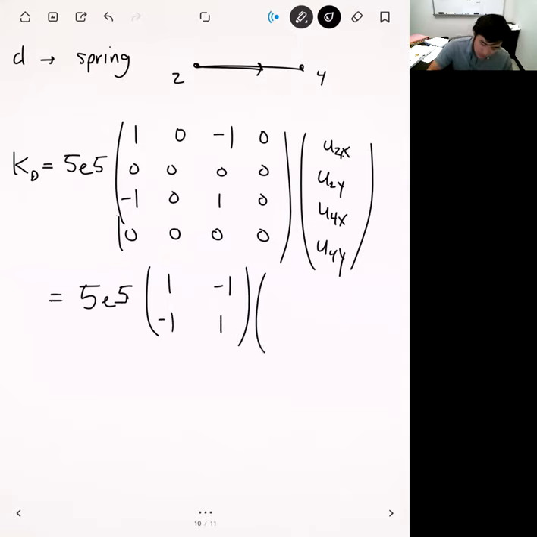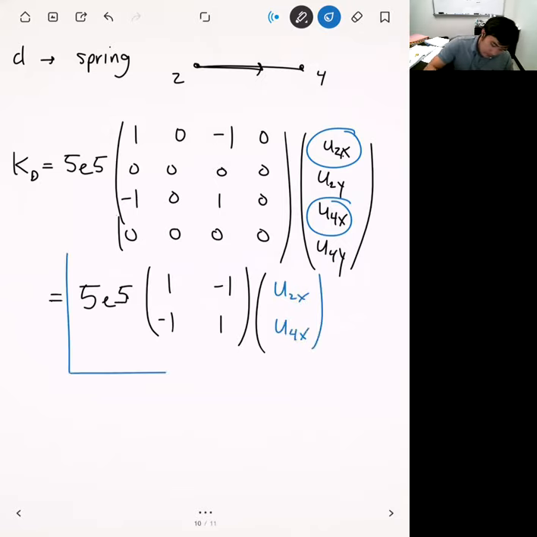Okay. But you have to be careful about what degrees of freedom that you put in here. Okay. And so if you notice, the only lines that are active are going to be U2x and U4x.